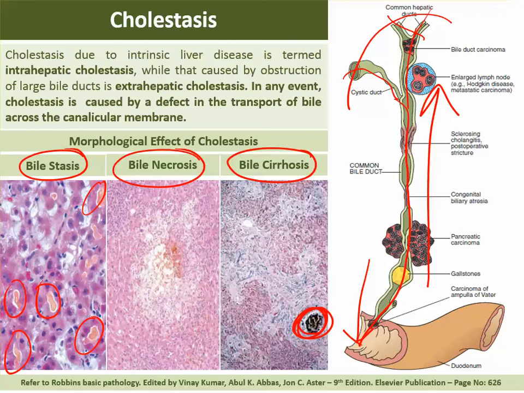This is the complaint. It is a characteristic feature of steatorrhea. Sometimes the fat will literally come out. And the patient will have pale stool. That is the clinical feature of obstructive jaundice.